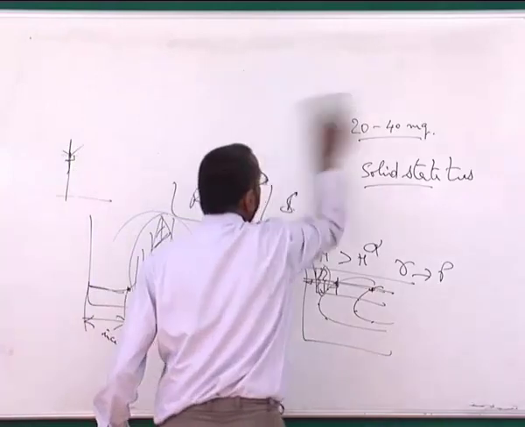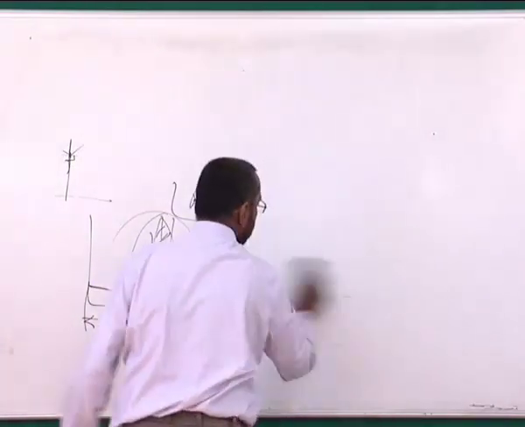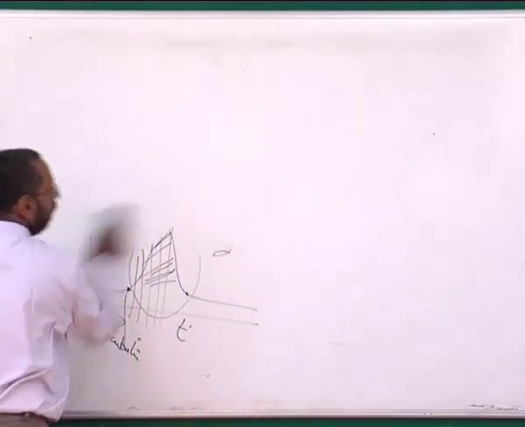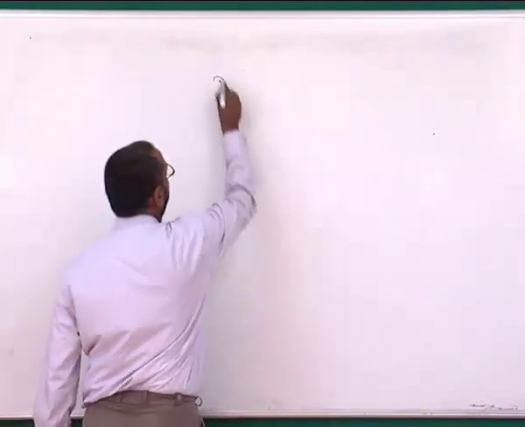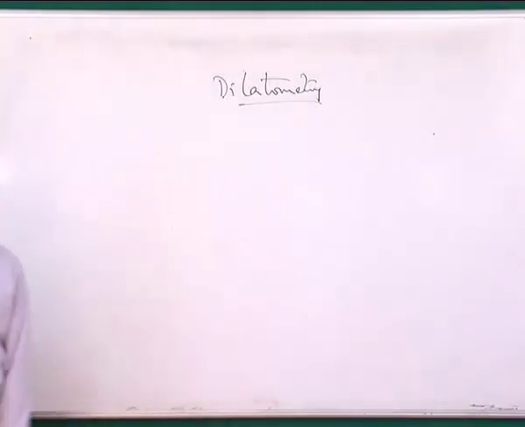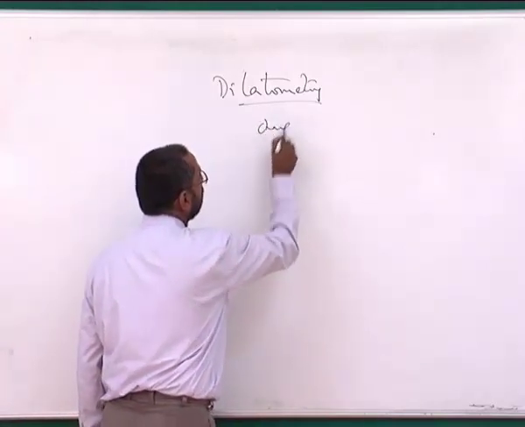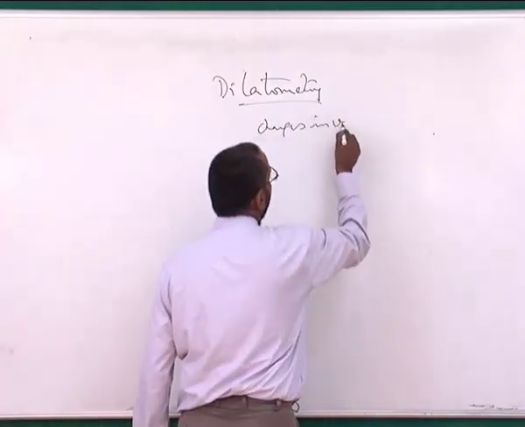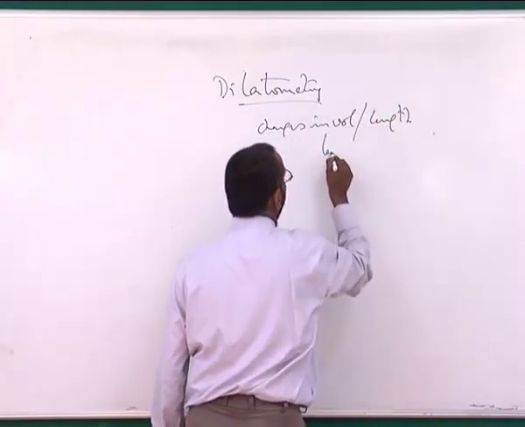The next thermal analysis system, which is very popular, is what is called dilatometry, which has become very popular and, as the name suggests, measures changes in volume or length as a function of temperature.